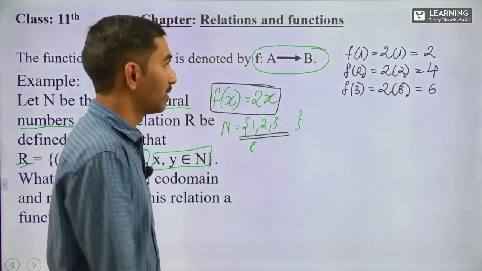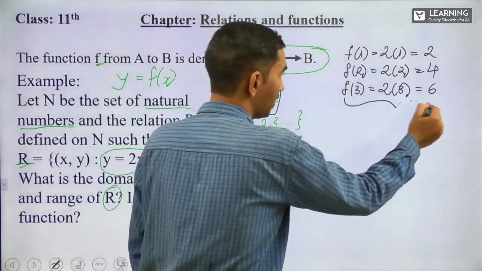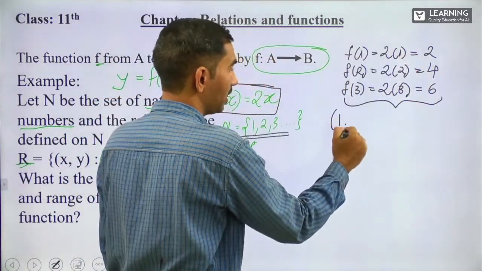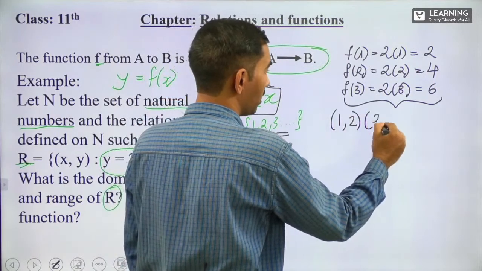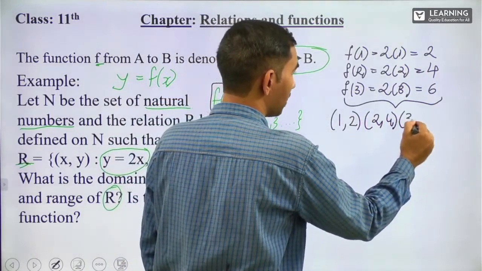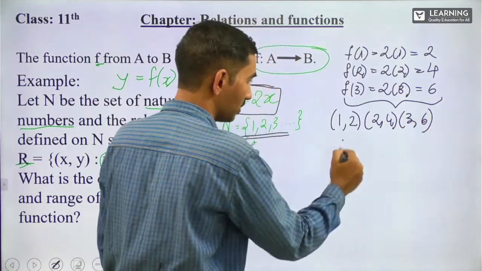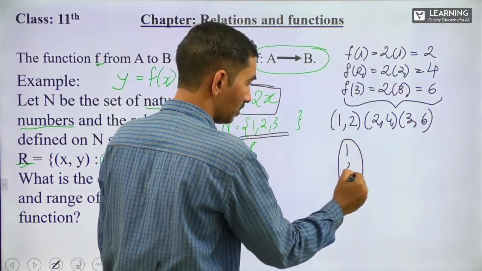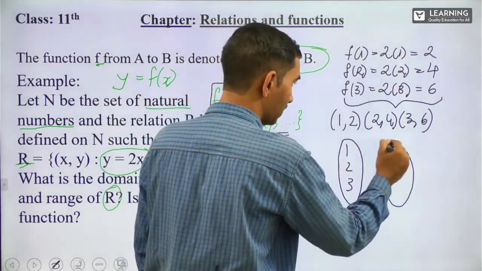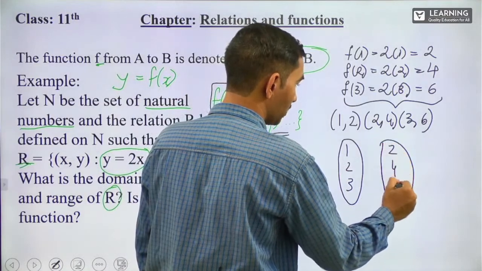Correct? So what are the relations we can draw from here? (1, 2), (2, 4), (3, 6). So map them also. 1, 2, 3. So here you will be getting 2, 4, 6.